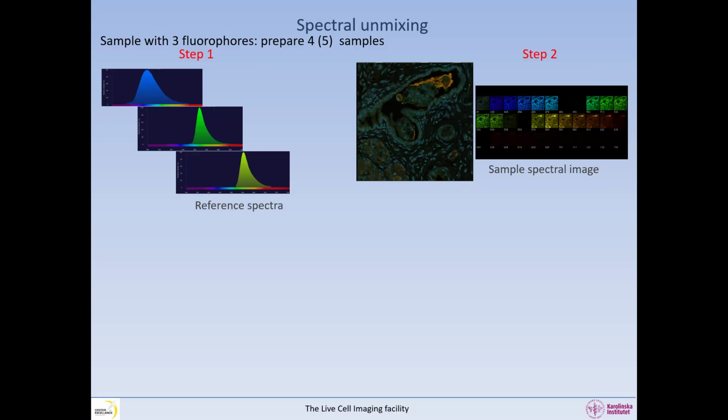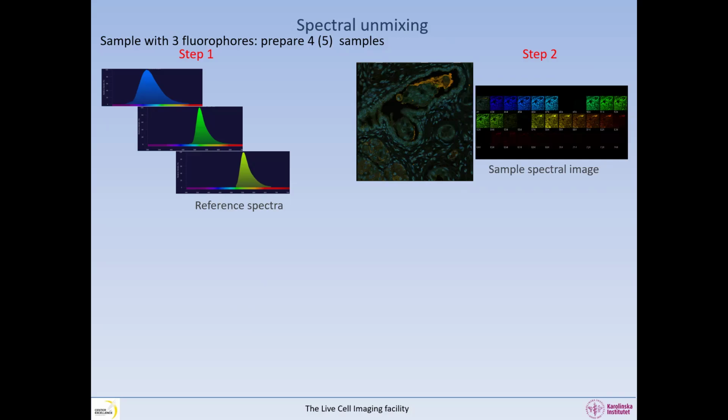But since we have a spectral detector, as I said, we can treat all these images that fall on each of the 32 detectors as its own image, and this is how it will look like.